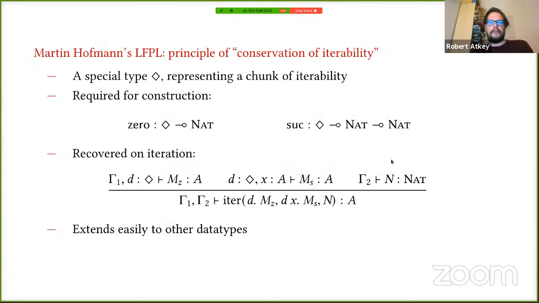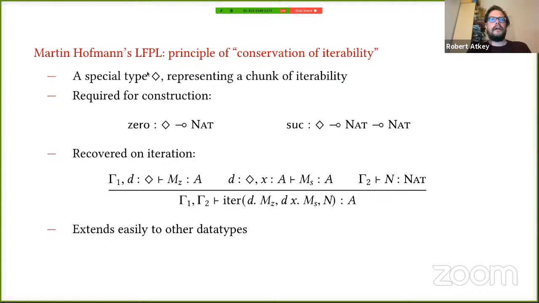So another system for implicit polynomial time is Martin Hofmann's linear functional programming language, LFPL. The idea here is the principle of conservation of iterability. Martin introduced this special type, diamond, which you can think of as representing a chunk of iterability.